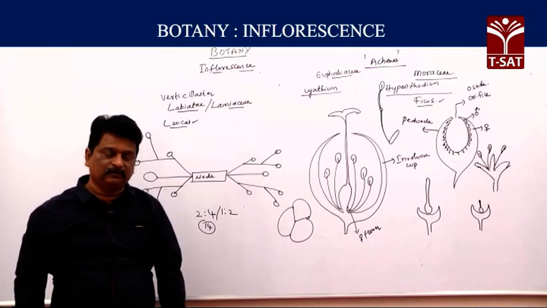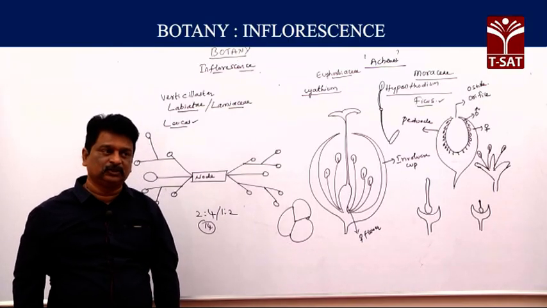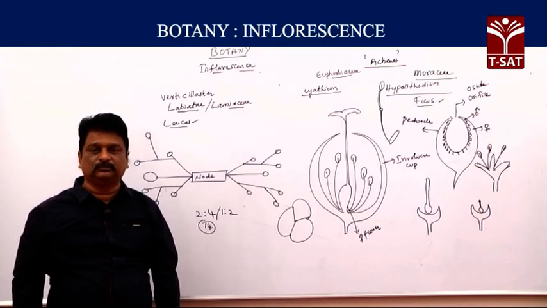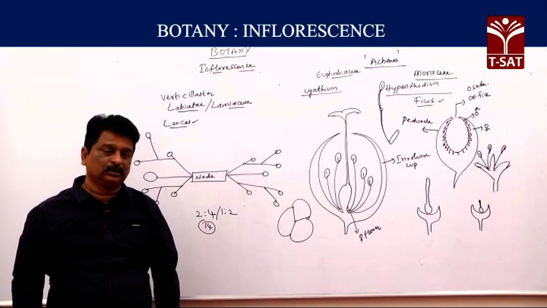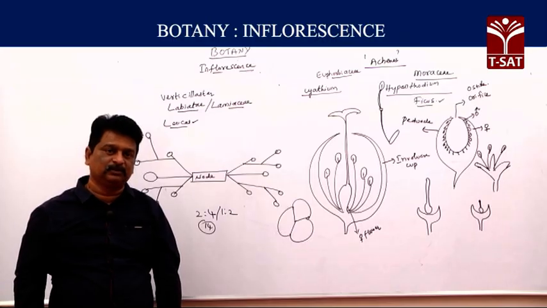And what types of racemose? Here the centripetal flowers are: one is corymb, second is umbel, third is head inflorescence. But the difference is here, in umbel and corymb, flowers are pedicellate and centripetal.